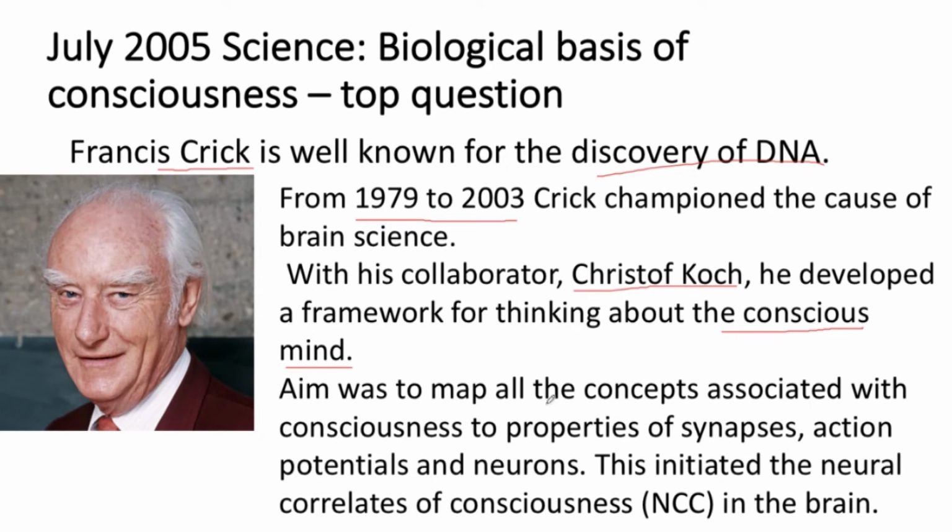His aim was to map all the concepts associated with consciousness to properties of synapses, to properties of action potentials and neurons. So in fact, this is what is called NCC, neural correlates of consciousness in the brain.